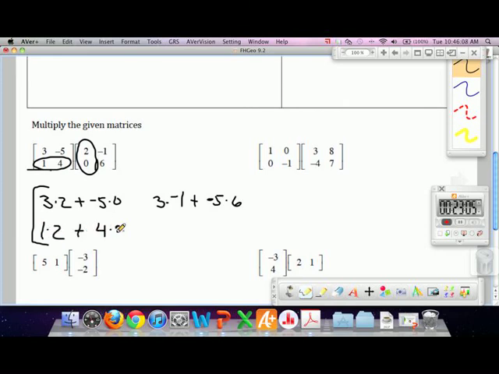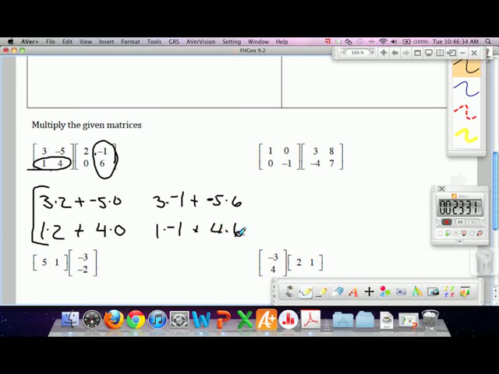And if I want row 2, column 2, I finish it off with row 2, column 2: 1 times negative 1, 4 times 6.